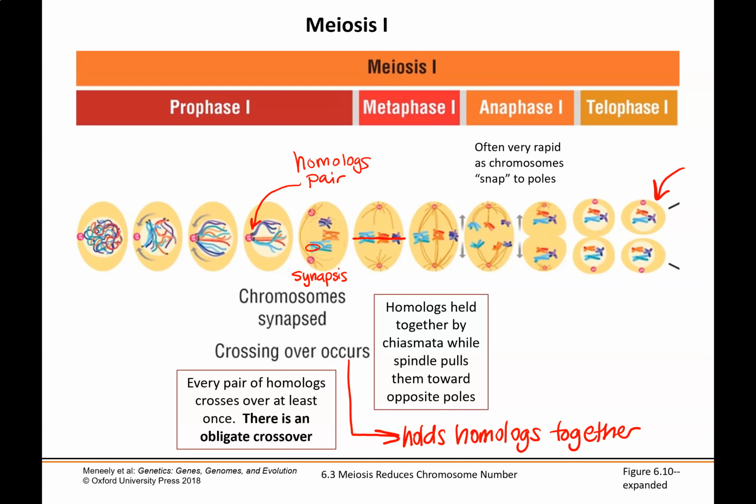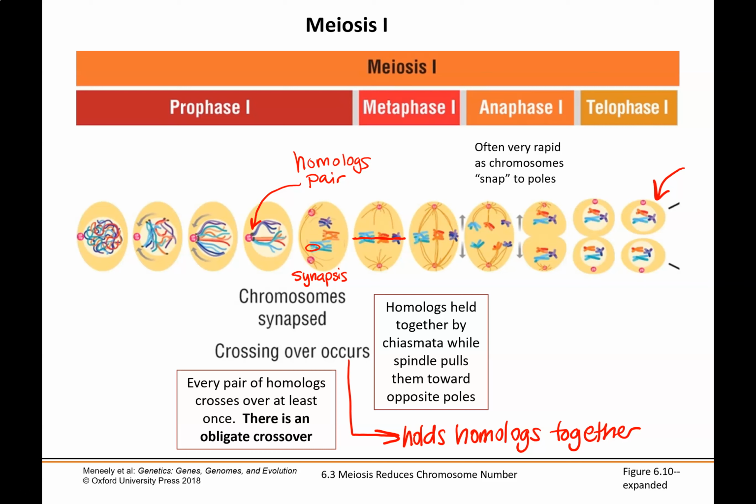sister chromatids. So just like in mitosis, our microtubules are going to grow out from our spindle fibers. They're going to attach to our kinetochores at our centromere. They're going to pull them to the metaphase plate, and then they are going to pull them apart. And when they do, again, we pull apart our homologous chromosomes.